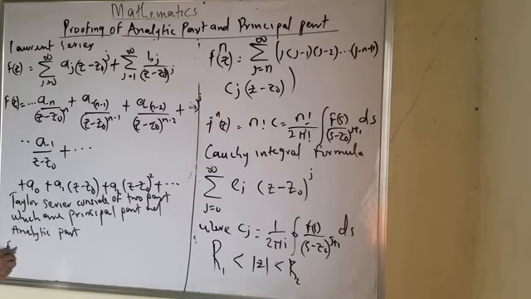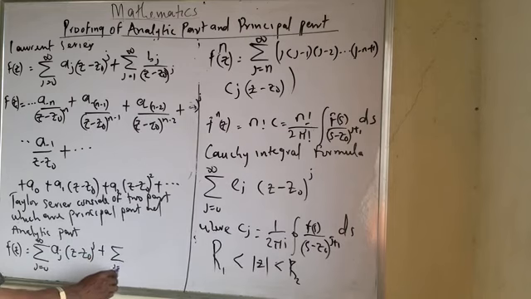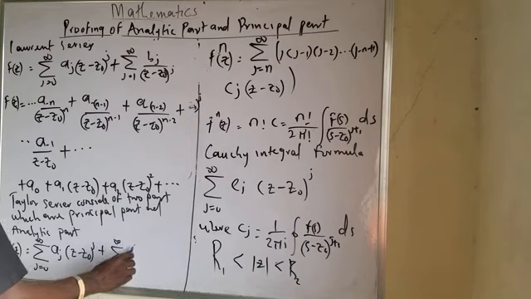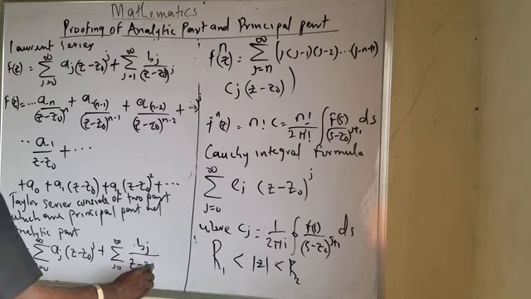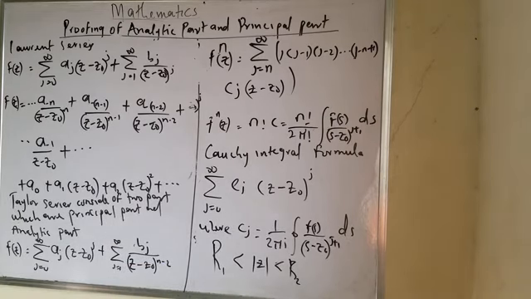It means my f of z equals the summation from j equals 0 to infinity of a_j (z minus z naught)^j plus the summation from j equals 1 to infinity of b_j divided by (z minus z naught)^j.